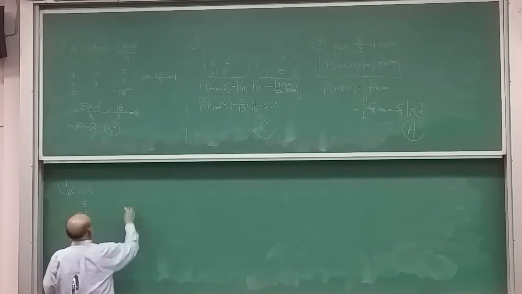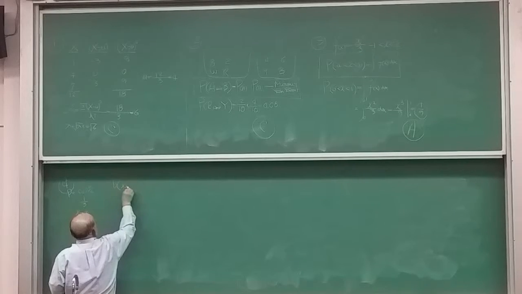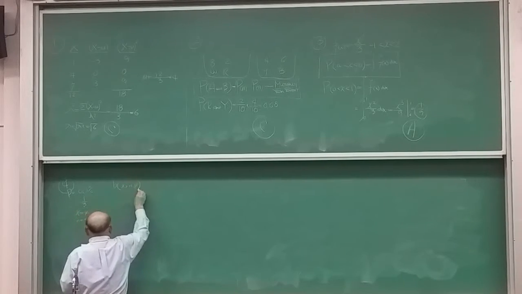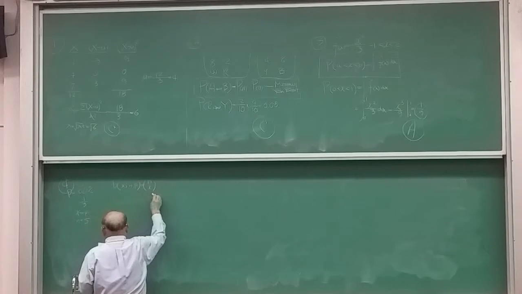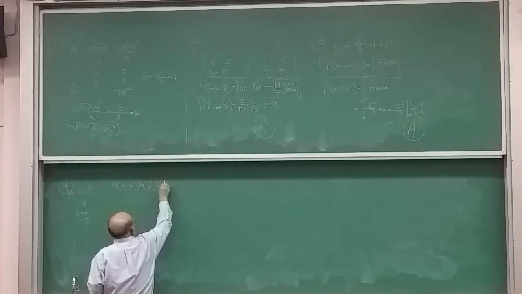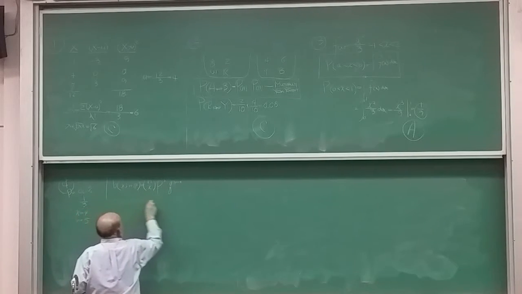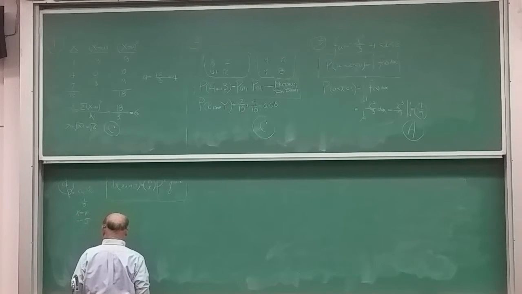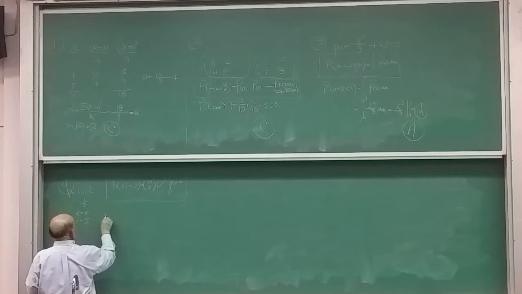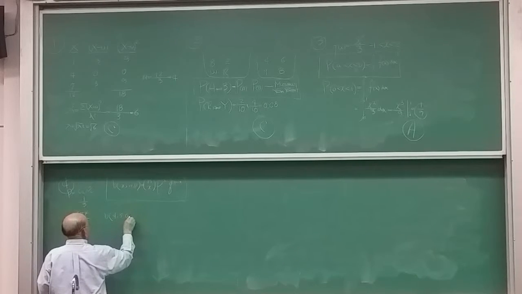So the formula is a binomial distribution. This is what the formula for the binomial distribution says. Using this, x is 4, n is 5, p is 60%.